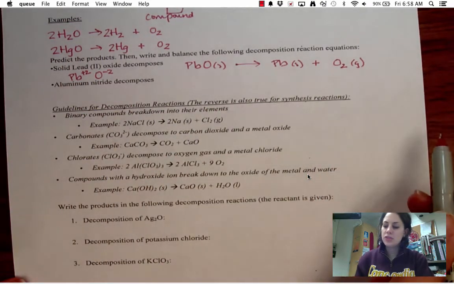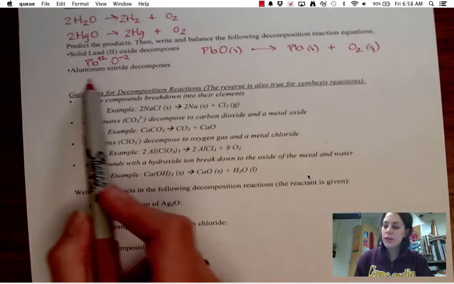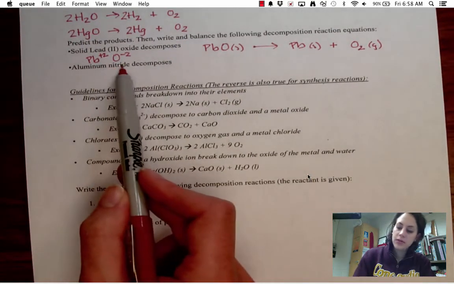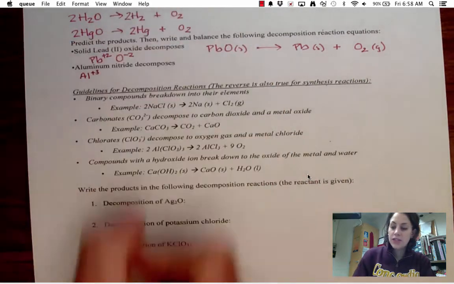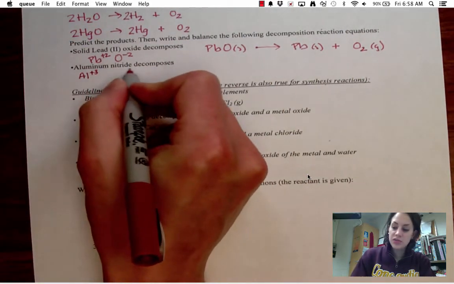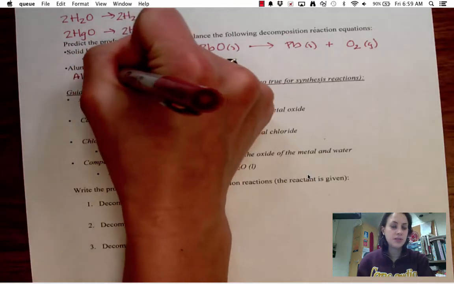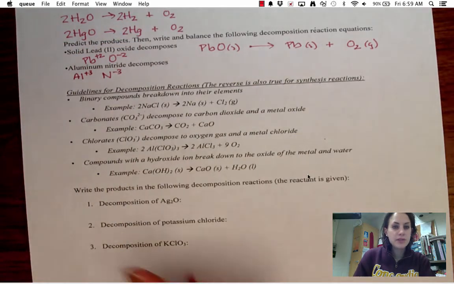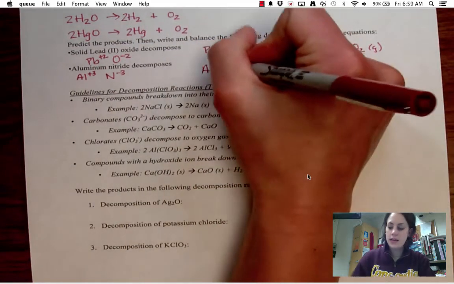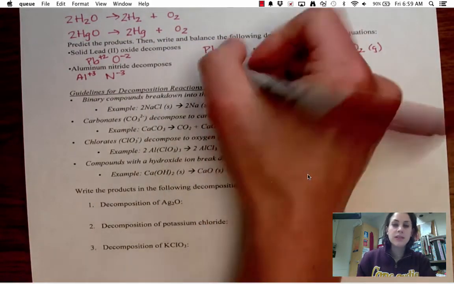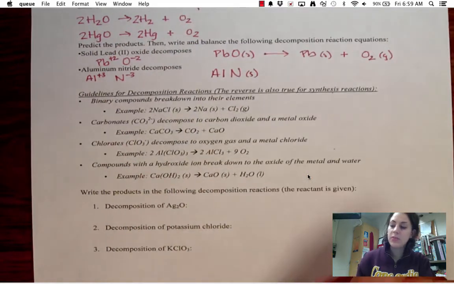Okay, we'll try one more here. Aluminum nitride. Okay, so I have aluminum, which is a +3, nitride, which is just nitrogen, with a -3 charge. Okay, so +3 and -3, those are going to even out, and so I get AlN. That'll be a solid. Okay, so what is that going to break apart into?